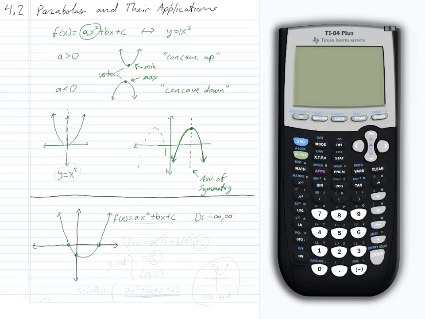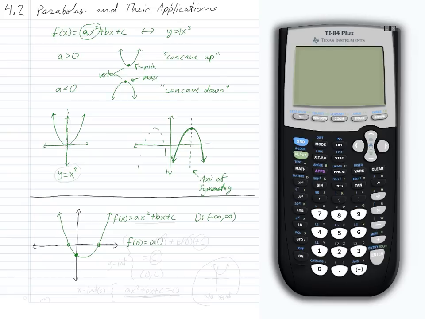So our function is doing something when x equals 0. There is some point on the graph with an x-coordinate of 0, and that point is our y-intercept. To find the location of the y-intercept of a parabola, or a quadratic function, all we need to do is evaluate f of 0.